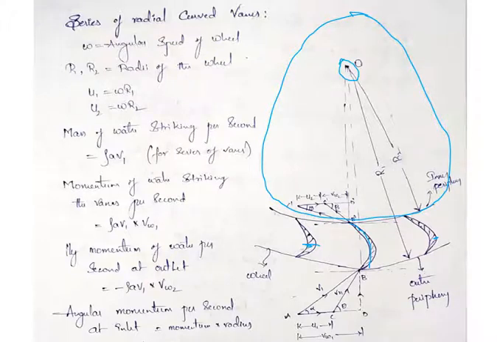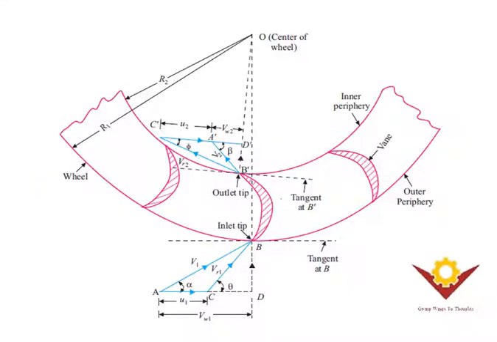The inlet tip has the radius r1, and the outlet tip has the radius r2 from the center of the wheel. We'll see this clearly. This is the center of the wheel, this is the outlet tip, and this is the inlet tip.